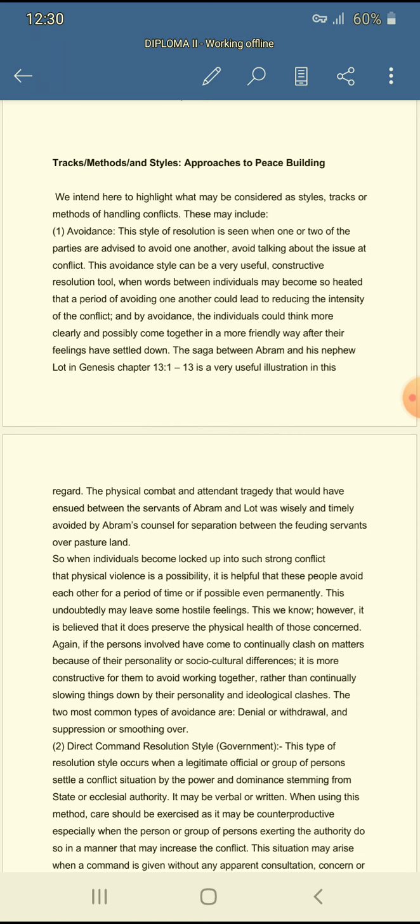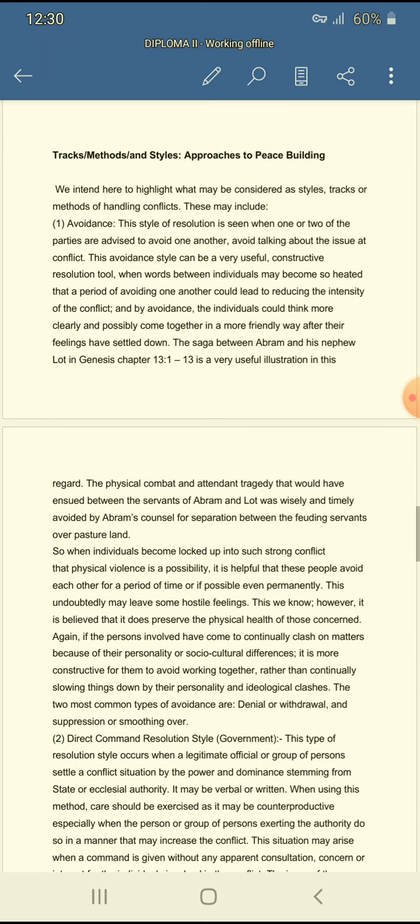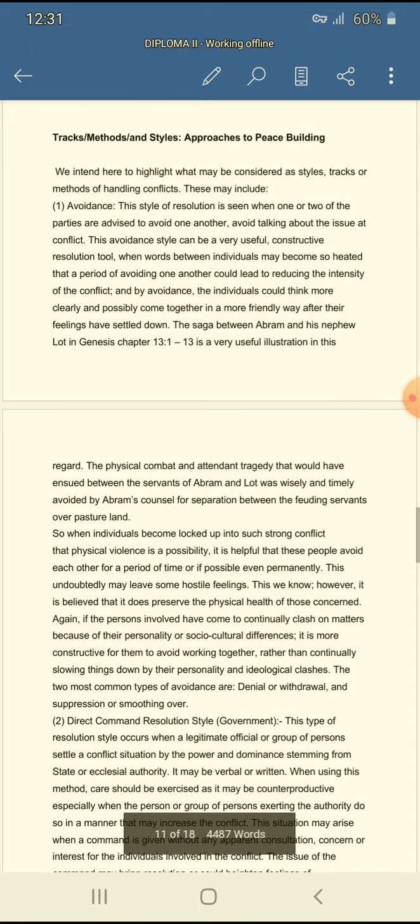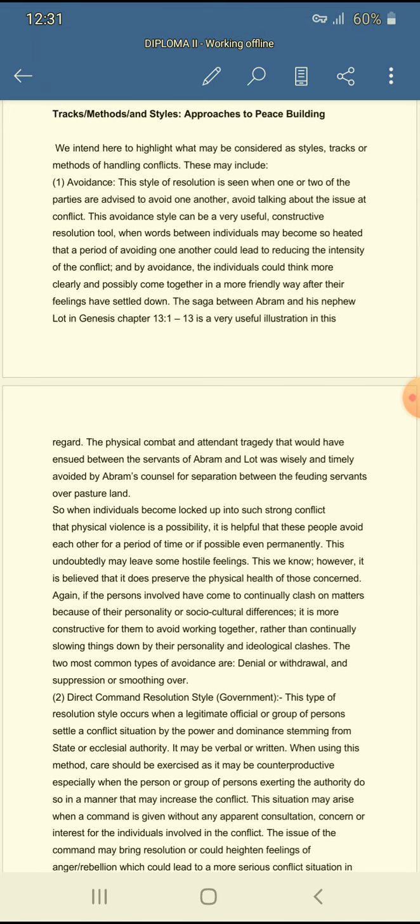For example, if there is a war in a place, we know there will be destruction, buildings must have collapsed, places must have been destroyed. Eventually, if there is peace in that particular area, the government or the authority in charge wants to put things better for the comfort of those in that place. That process is called peace building. Conflict resolution is simply the process of trying to resolve a conflict, and one leads to the other.